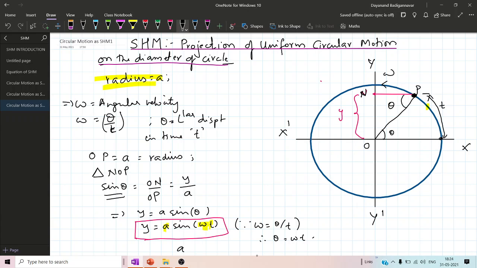It is the maximum displacement that can take place. Beyond that, there is no possibility of a larger displacement. Hope it is clear to you.